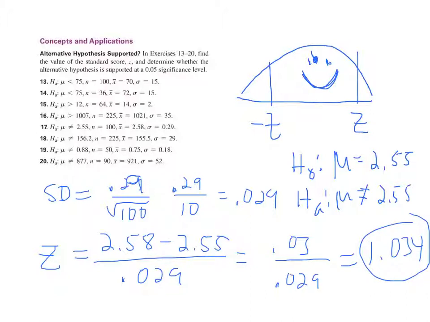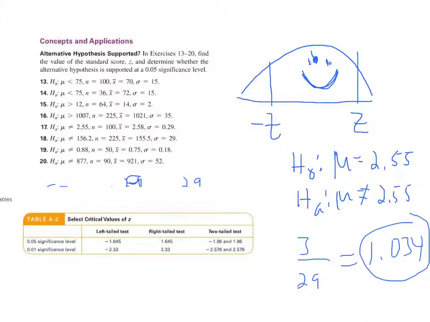Okay, so now we're going to decide if that's in the rejection region. I'm looking at a two-tailed test at the 5% significance level. That's a cutoff of negative 1.96 and positive 1.96. So these z-scores right here are negative 1.96 and positive 1.96, and our test statistic isn't out that far. 1.03 isn't far enough away from the middle to say something's going on.